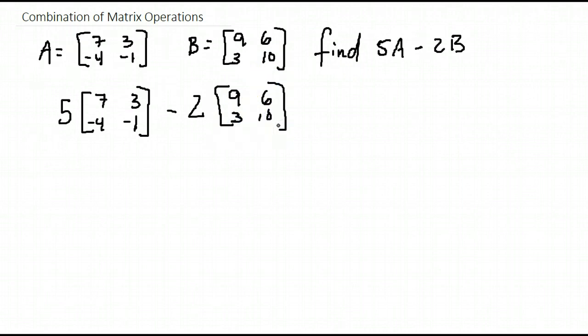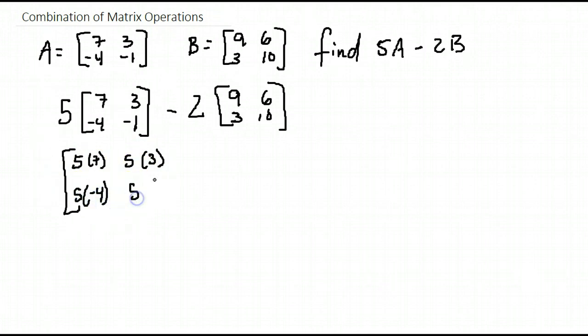So now we're going to distribute. Let's distribute that 5 to everything inside of matrix A. So we'd have open matrix, 5 times 7 and 5 times 3. Second row is 5 times -4 and 5 times -1. Close matrix. Okay.